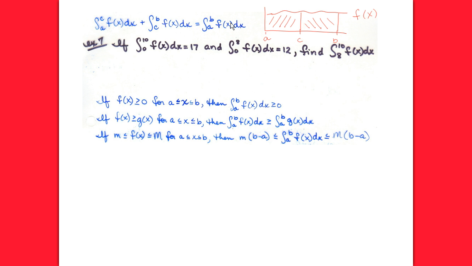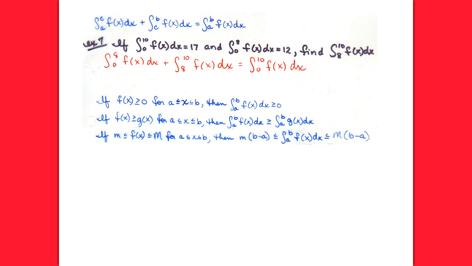Here's an example of that. Example 7 says if you're integrating the function from 0 to 10 and that value is 17, and you're integrating that same function from 0 to 8 and that value is 12, we could use those to find the definite integral from 8 to 10. So here's what I could do.